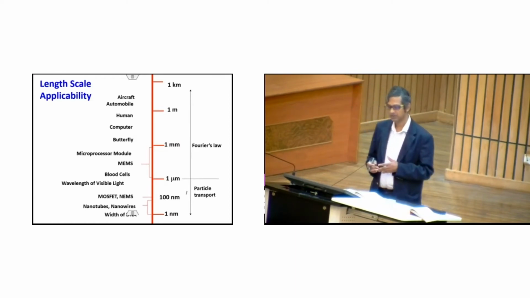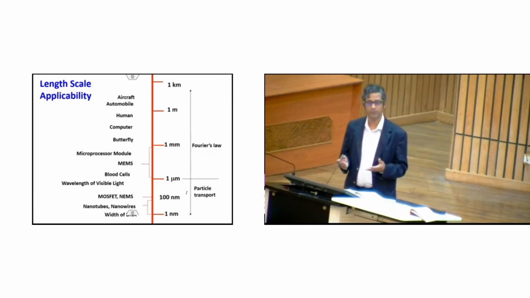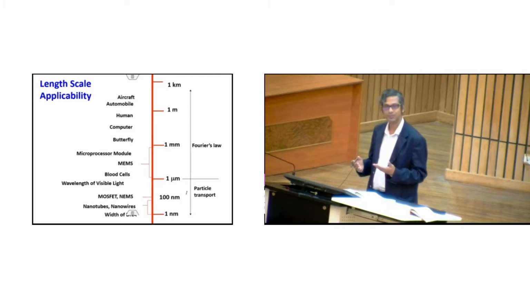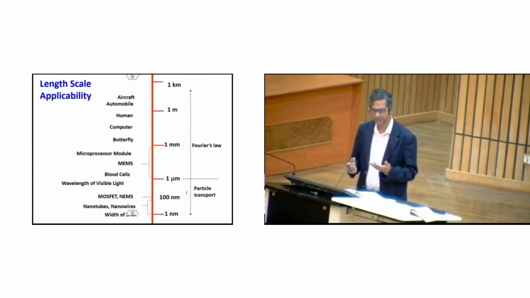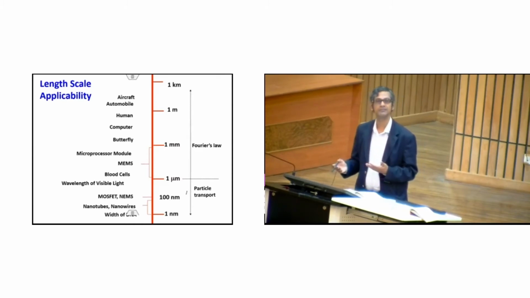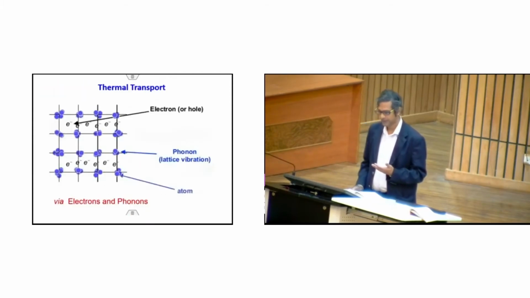So, therefore, Fourier's law obviously will be applicable to all, but the transport in the case of nanoscale material like MOSFET, NEMS, nanotubes or even microprocessor models will be governed by particle transport. That means, it will be governed by either electrons or the phonons. Okay. So far so good.